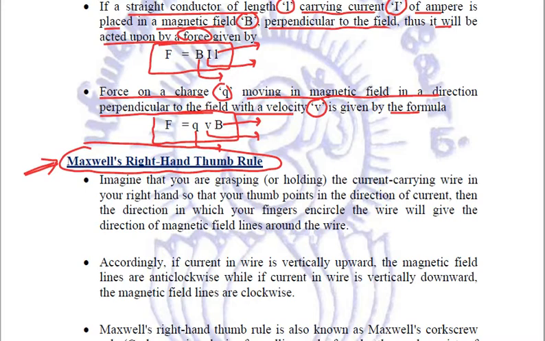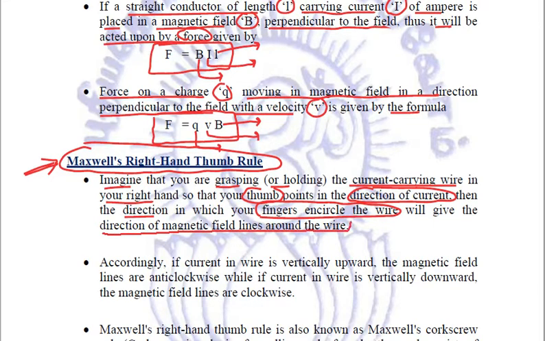According to Maxwell's right hand thumb rule, imagine that you are holding the straight current carrying wire in your right hand in such a way that your thumb points in the direction of current. Then the direction in which your fingers encircle the wire gives the direction of magnetic field lines around the wire.